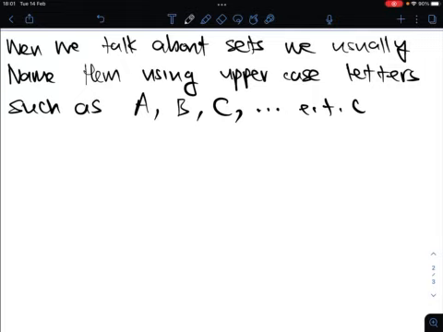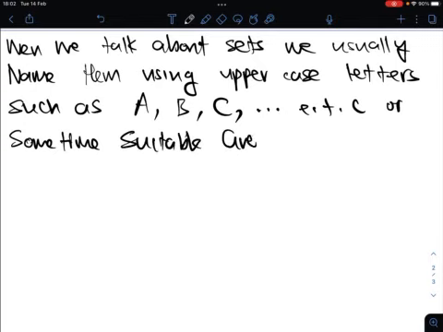When we want to talk about that thing, we have to find a suitable way. One of the ways we represent a set is by using the uppercase letters of the alphabet, A, B, C, or sometimes suitable Greek symbols. So it is not only letters of the alphabet that I use for naming sets, we can also use suitable Greek symbols. Let's say I want to talk about a set of even numbers.